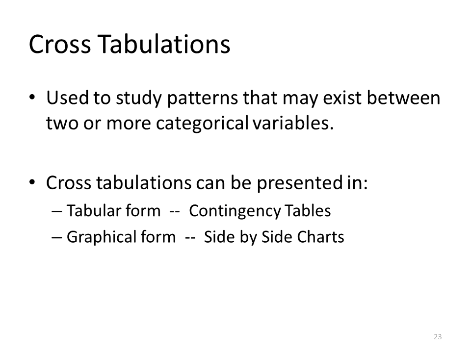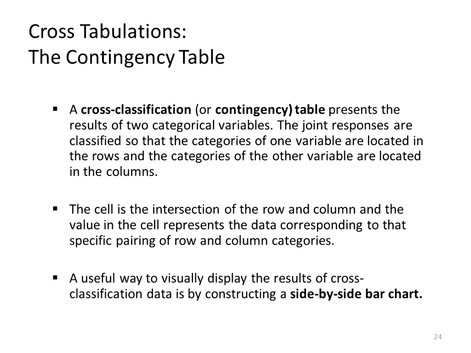Now cross tabulations, or cross tabs, are used to study patterns that may exist between two or more categorical variables, and this cross tabulation can be presented in tabular form, that is contingency tables, or graphical form as side-by-side charts. Now a cross classification or contingency table presents the results of two categorical variables.